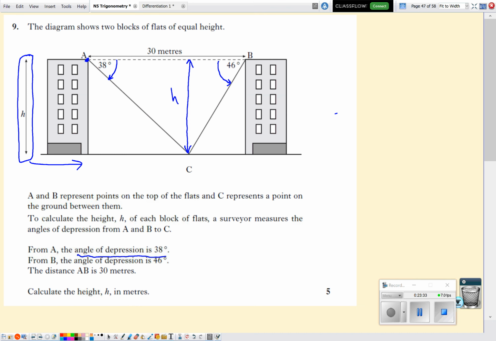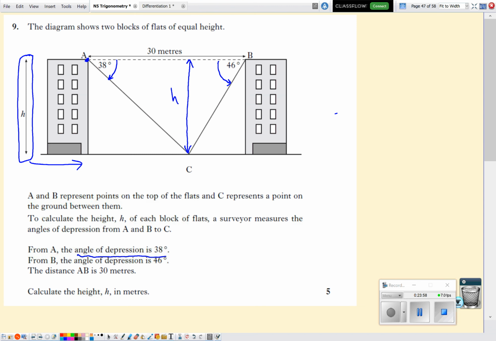So we've got 30 metres, we've got 2 angles, and we need to find this height in the middle. What's different about this question to the other two, and in fact any other trig question you've done so far in this unit, is that you've always found a part of the triangle. You've either found one of the 3 sides or one of the 3 angles. This height here is not part of the triangle. It's essentially not part of the construction of that triangle.